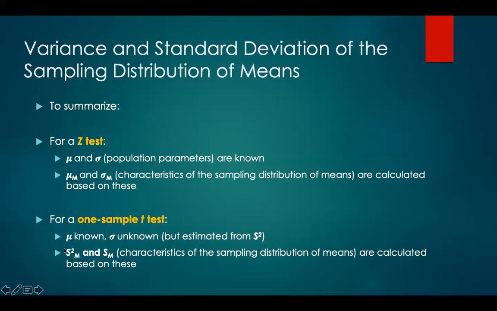And the variance and the standard error of the mean pertaining to that sampling distribution of means are both calculated based on these estimates. Such as the estimate of population variance, or sum of squares divided by n minus 1.